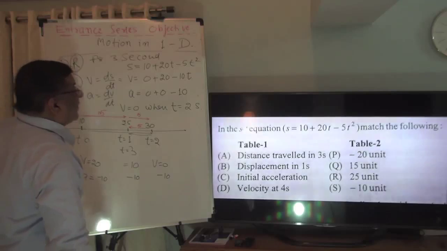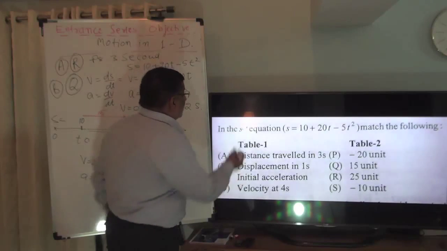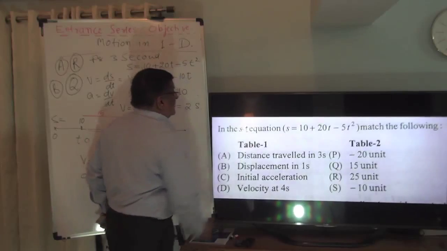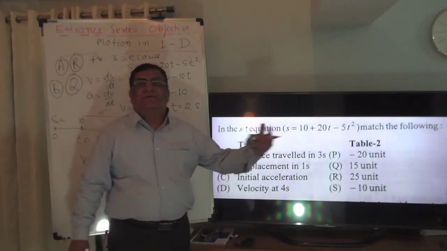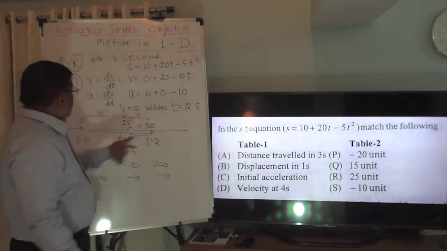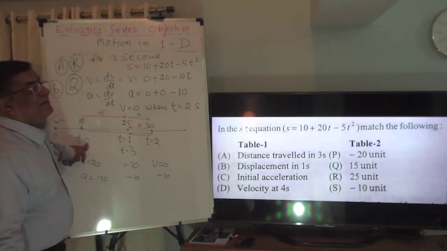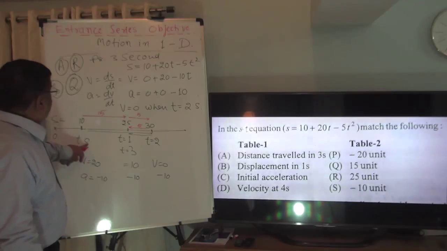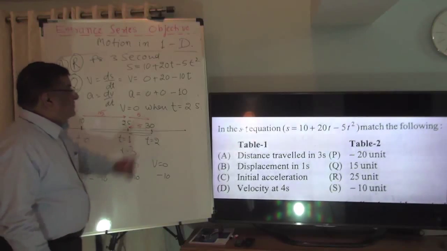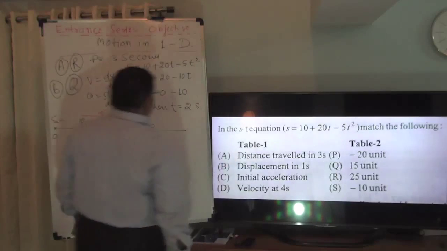Okay. What is this ST equation? The ST equation is the position equation. The position at time equal to 0, when we start our wristwatch, when we start our clock. So next thing, initial acceleration.